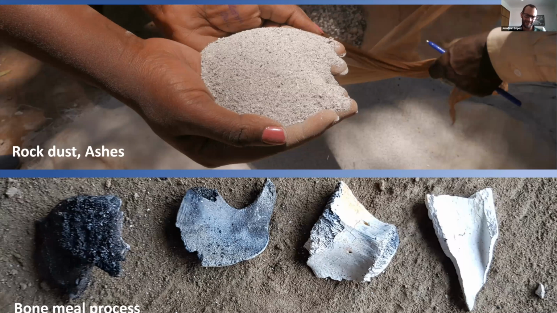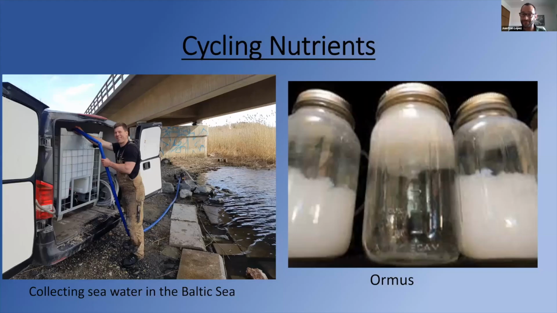So we create different steps, pyrolysis and different methodologies, and we burn the bones and we create phosphate. And we use that source of phosphorus to put back on the earth, because there is a peak of phosphorus in the world that is very dangerous, because the natural sources of phosphorus are nearly finished.